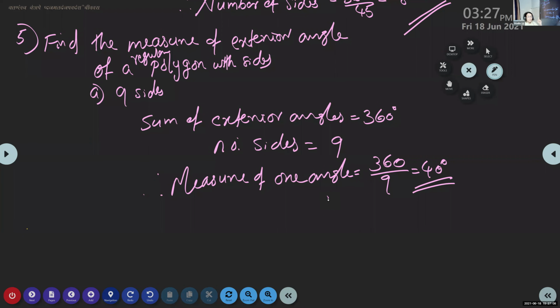So the measure of one angle is 360 by 9 because all angles are equal. When we add all the angles 9 times, we get 360. So 360 divided by the number of sides will give the measure of one angle in the case of regular polygons.